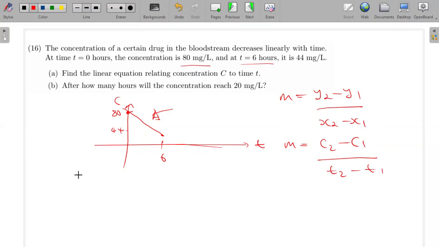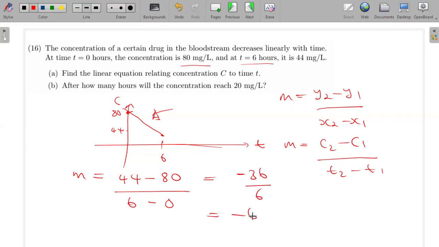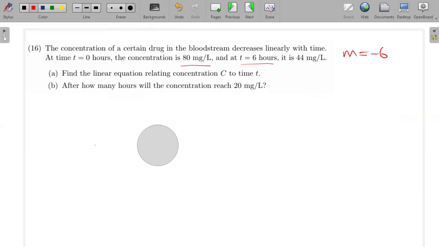Concentration 2 is 44 minus concentration 1 which is 80, divided by time 2 which is 6 minus time 1 which is 0. That gives negative 36 divided by 6, which is negative 6. So my gradient is negative 6. How do I then get my answer? The equation of a line is y minus y1 is equal to m times x minus x1.